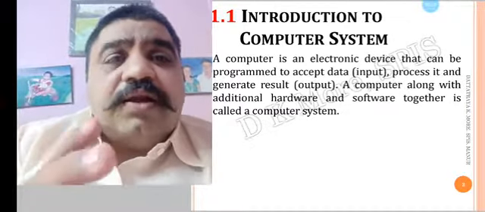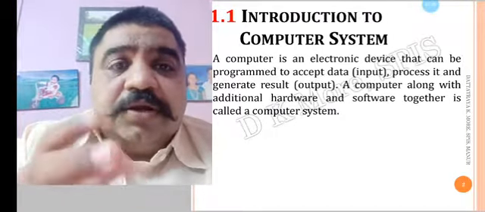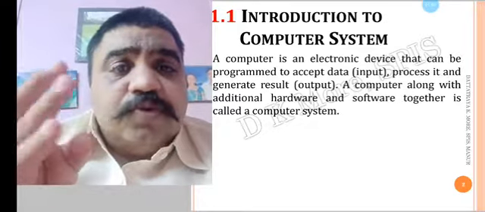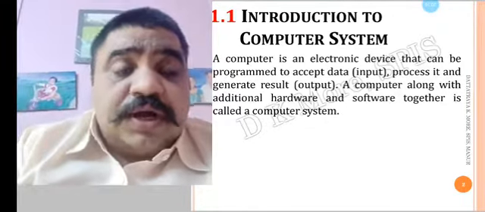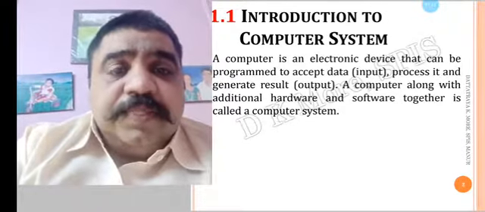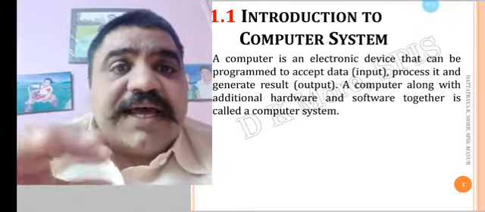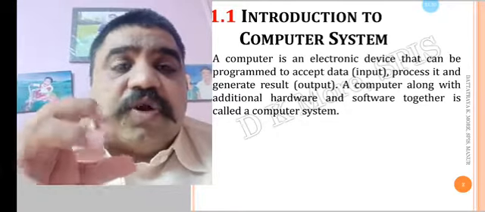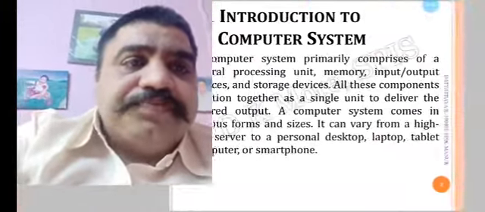When we are connecting all these things together, for example CPU, monitor, printer, keyboard, mouse, and any extra devices you are attaching like printer, scanner, speakers, when all these things are connected with each other, that is called a complete computer system. Let us move ahead.